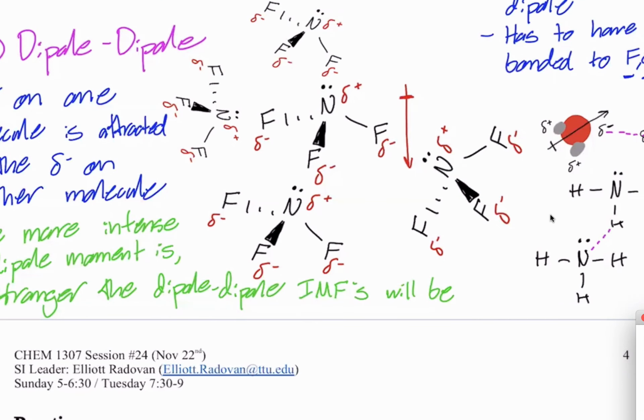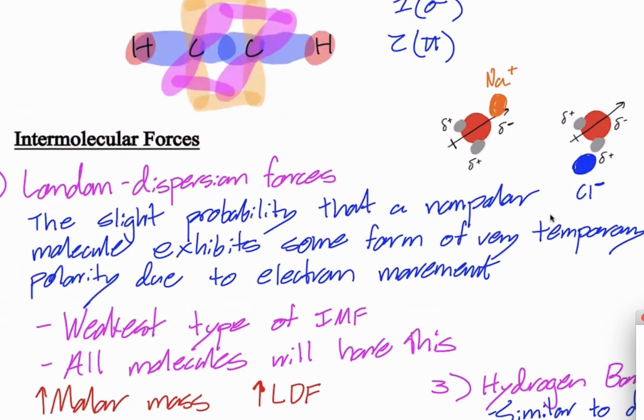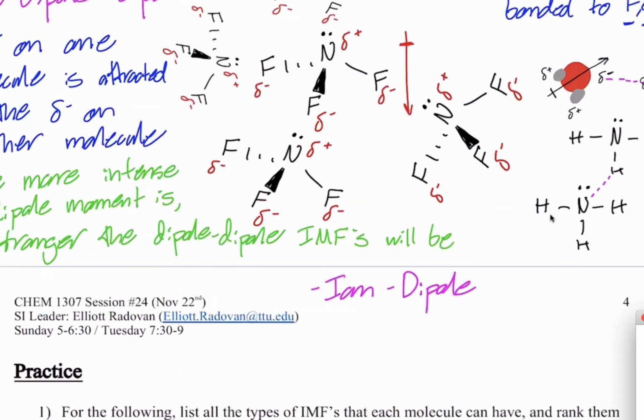Now just to basically list off the other ones that aren't as important, just in case, you have ion dipole. Ion dipole, that's basically solubility, right? That's this whole example here that I drew. You have those Na plus ions attracted to the dipole partial negative on oxygen, and you have the anion attracted to the partial positive, so that is ion dipole attractions.